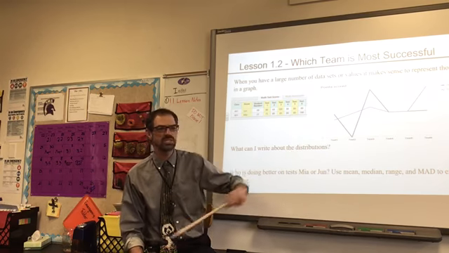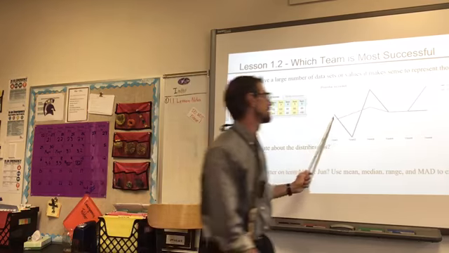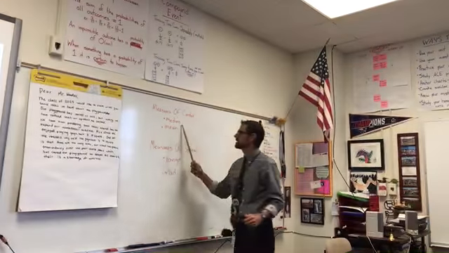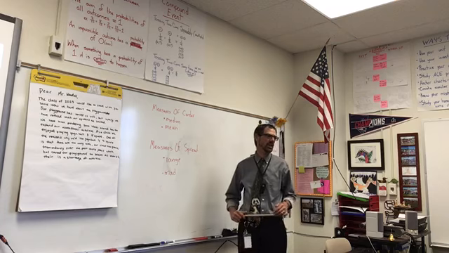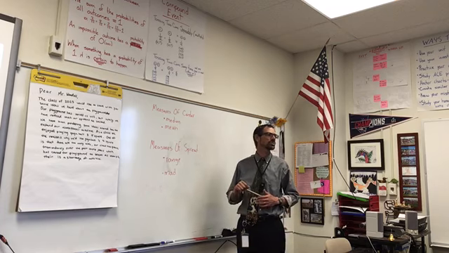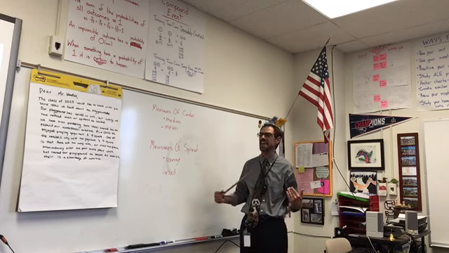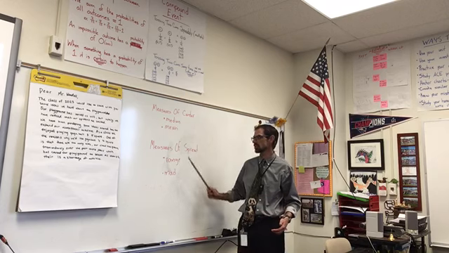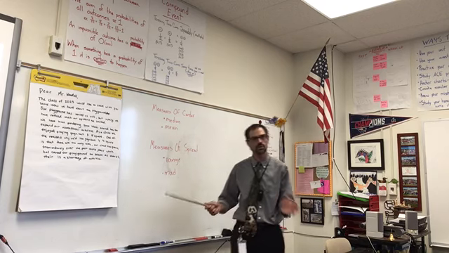What can I write about these distributions, these data sets, knowing what I just talked about? Talk to your partner: what could I say about that line graph? Thinking in terms of these. Okay, go talk to your partner.